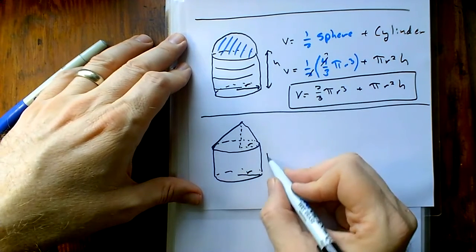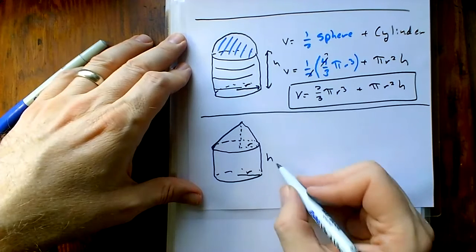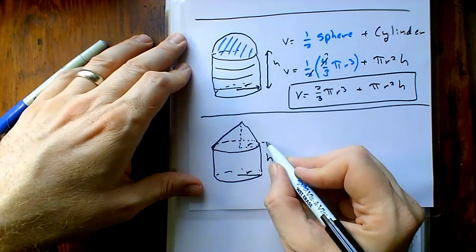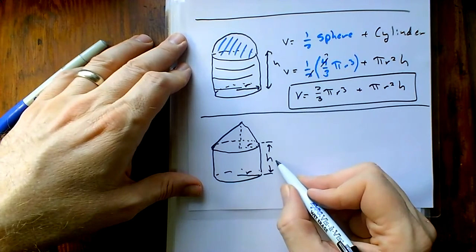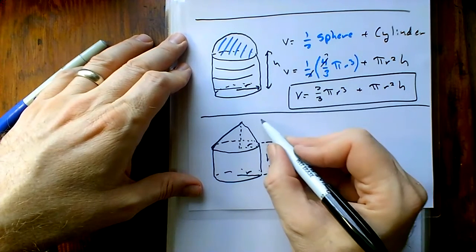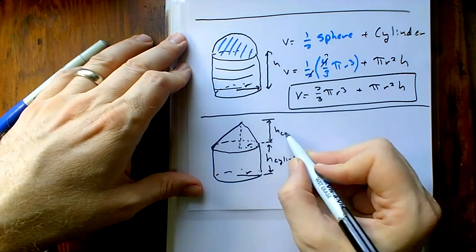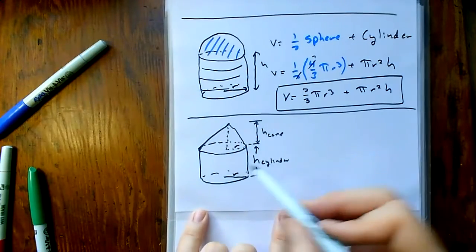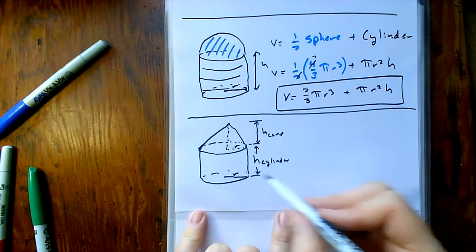But then you're going to be given one height of your cylinder, I could just call that height 1. But then you're going to end up with another height, and that's going to be the height of your cone. Well, guess what? We'll just be adding together the volume of my cone plus the volume of my cylinder.